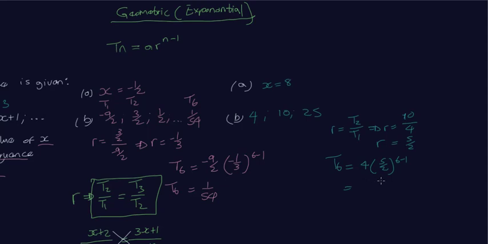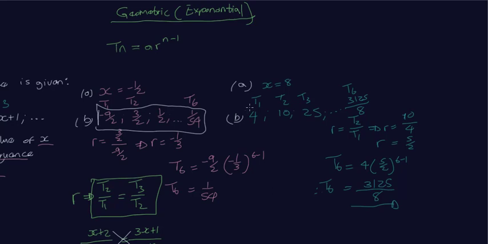If I calculate, it is 3125 over 8. So term 6 is 3125 over 8. So this is term 1, term 2, term 3, and going to term 6 is 3125 over 8. That's our new sequence.